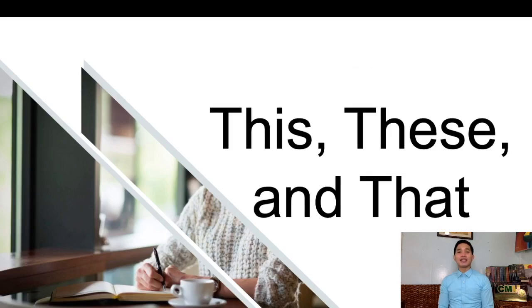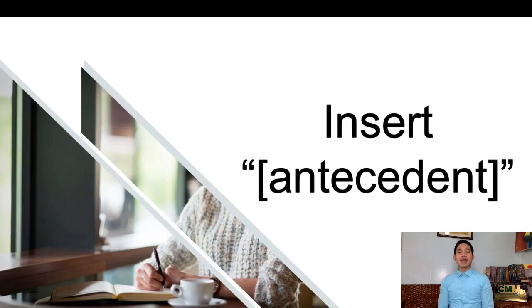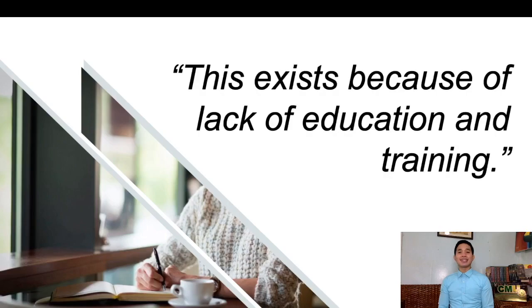Another thing here is if respondents use this, these, and that, they committed unclear antecedents. In that case, you have to provide the antecedent. To correct the unclear antecedents, you have to use open bracket, insert the antecedent, and then close bracket. For instance, "This exists because of lack of education and training."